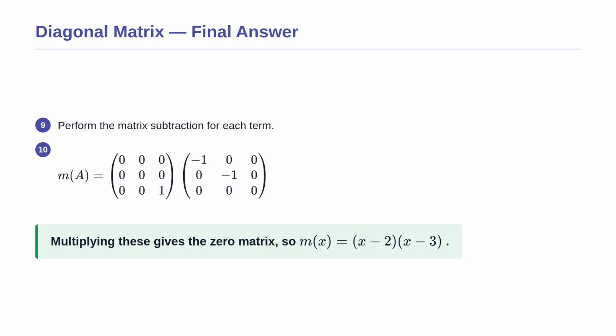Continuing with our test, we perform the subtraction inside each set of parentheses step by step. The first matrix is the result of A minus 2I, where we subtracted 2 from every diagonal entry. The second matrix is the result of A minus 3I, where we subtracted 3 from every diagonal entry. We are now ready to multiply these two resulting matrices together.